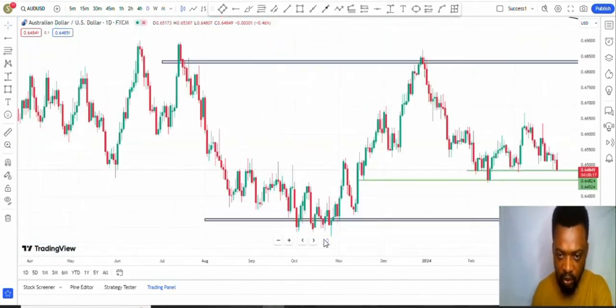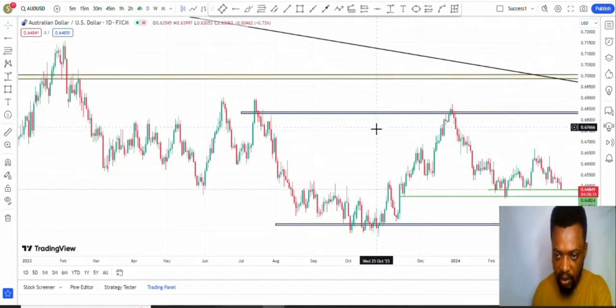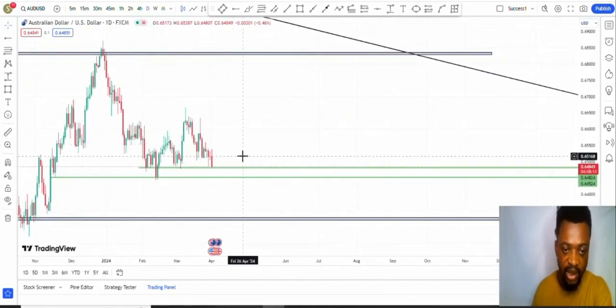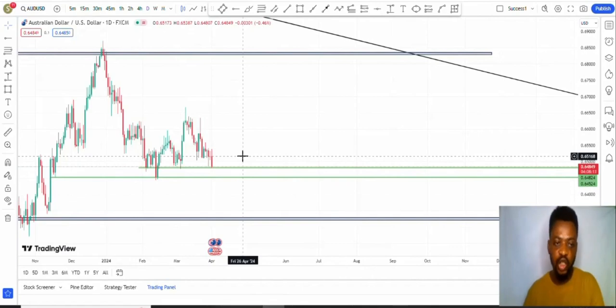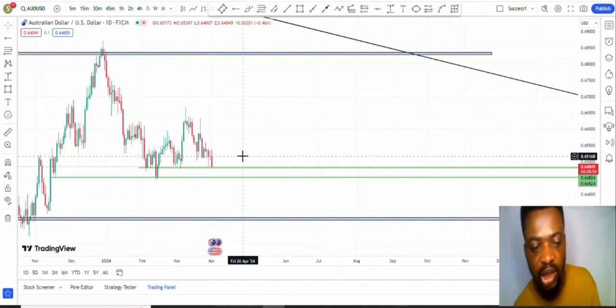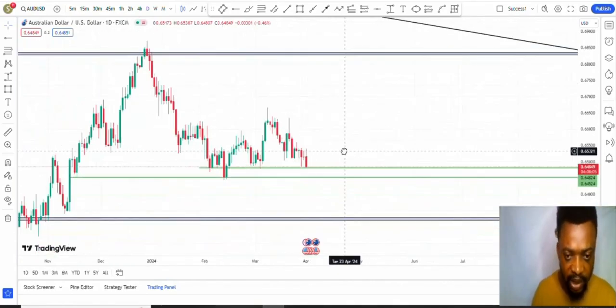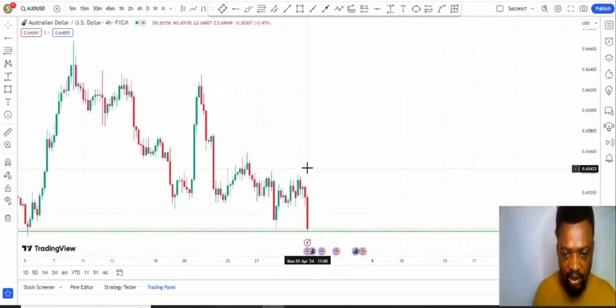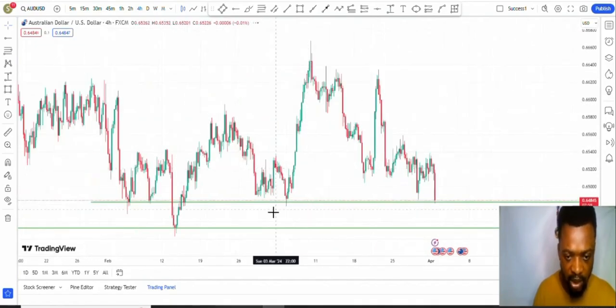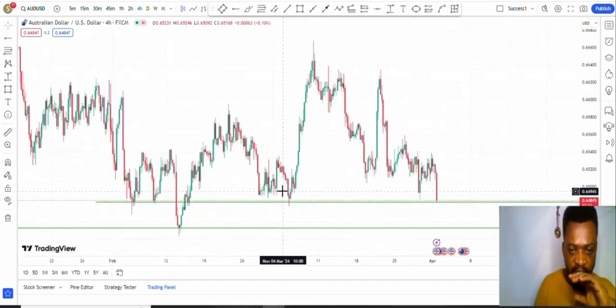For now, I want to watch this one carefully. This is not the best pair for me. For now, GU looks favorite for me and EU somehow, but AUD is not really giving for me at the moment.